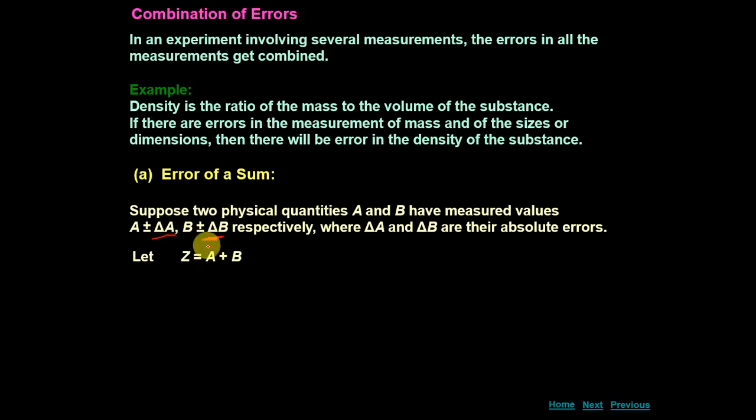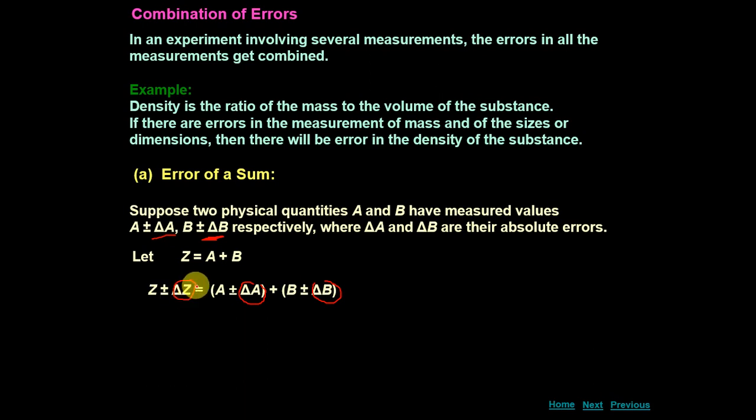Now let us consider that we are going to add A and B, and Z is the sum of the two physical quantities A and B. When you are adding A and B along with their absolute errors, obviously there would be some error in the sum of these two numbers.